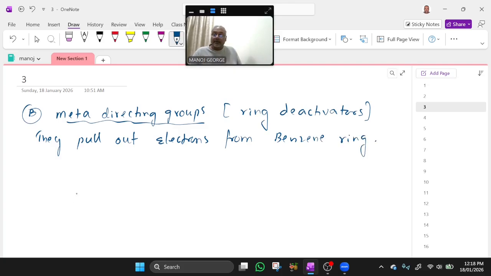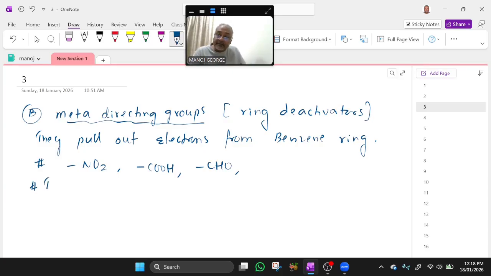Examples of ring deactivators are the nitro group, of course the carboxylic group, and the aldehyde groups. All of these are considered ring deactivators, and they cause electrons to be pulled out of the benzene ring.